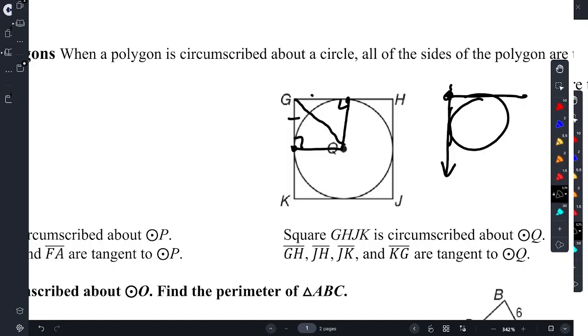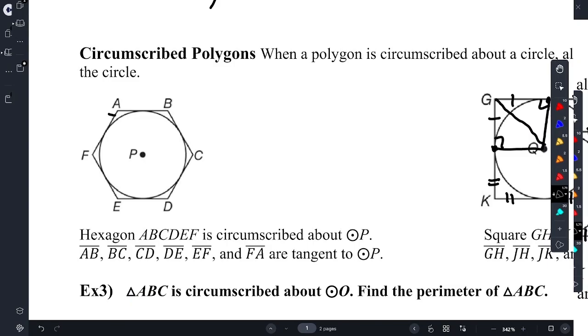That means this is equal to this. Which then means, same thing down here, this is equal to this. Which then means this is equal to this. This is equal to this, yes? Got it? Same thing here, right? This is equal to this. If it's regular, I'm sure you can prove that they're all equal, but that's not really what it's saying. These are equal, yeah? These are equal, and so on, all the way around the picture. It makes the math easy, yeah?